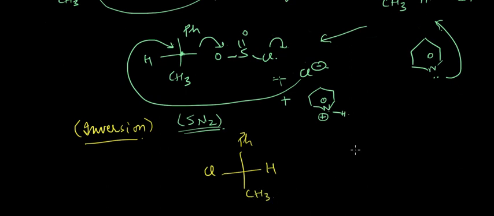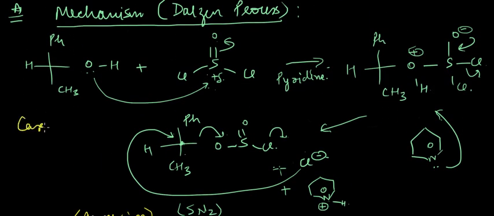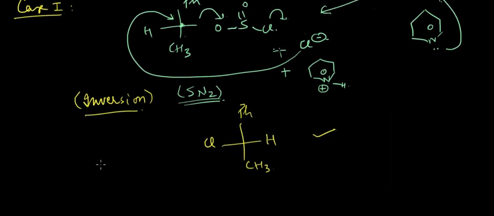Okay, this was case 1 of the Darzen process. Now let's see what happens if we don't have the presence of pyridine.